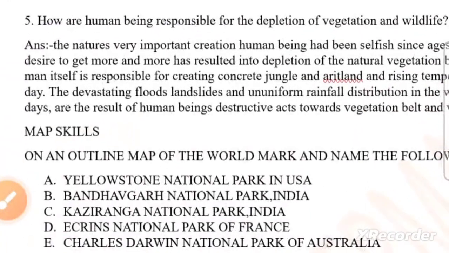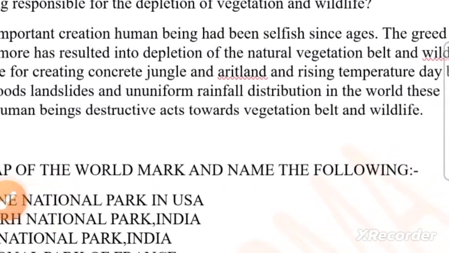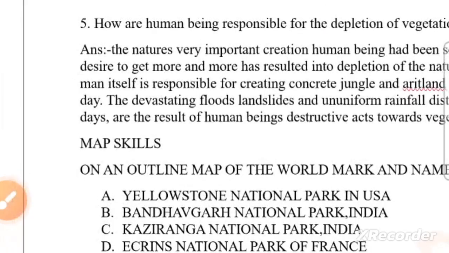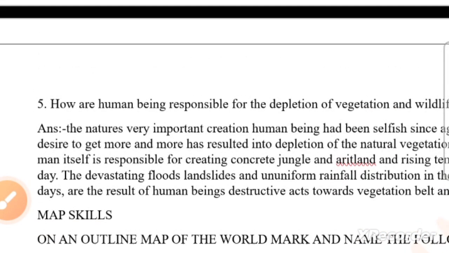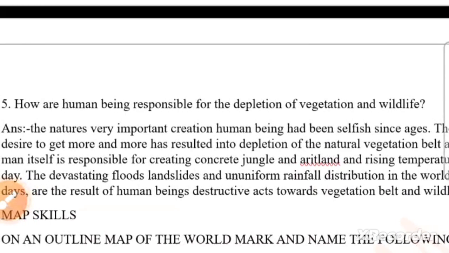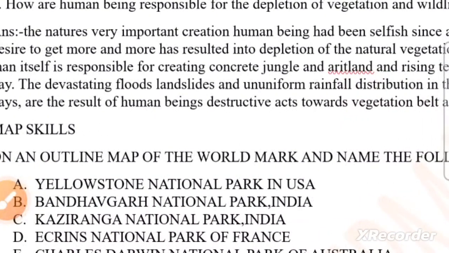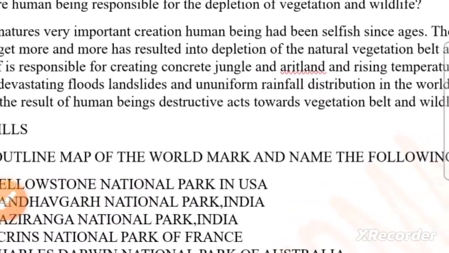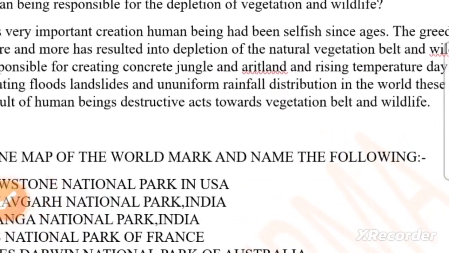The last question: how are human beings responsible for the depletion of vegetation and wildlife? So, we are the best creatures of the earth, of nature, and we are the ones who are going over the top. We are overusing the resources. So you can read the answer: human beings have been selfish since ages.